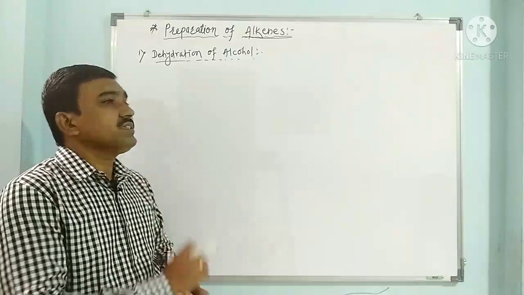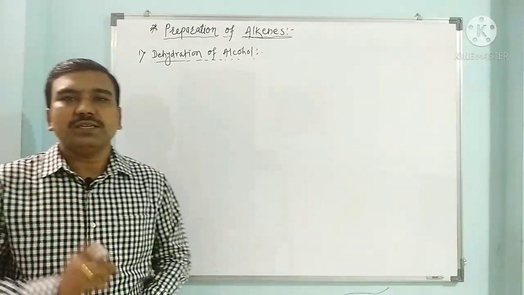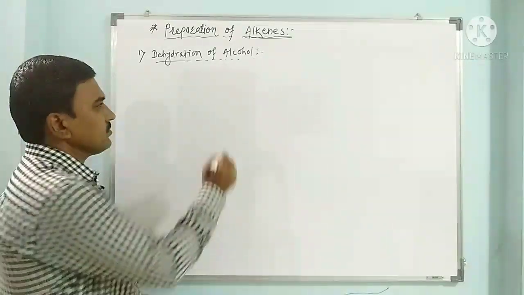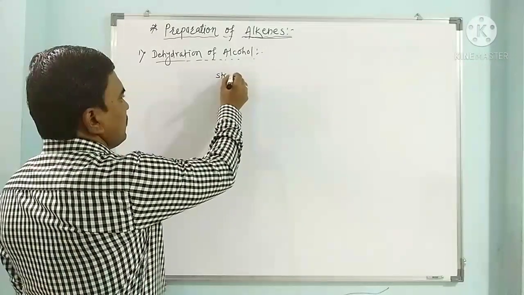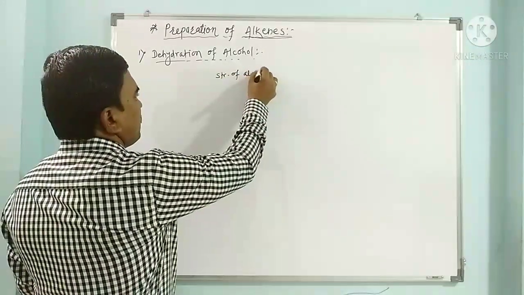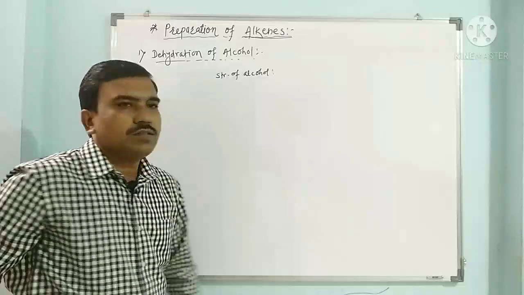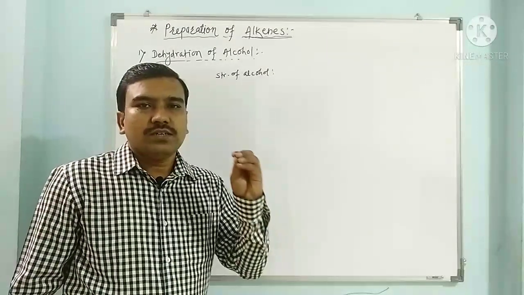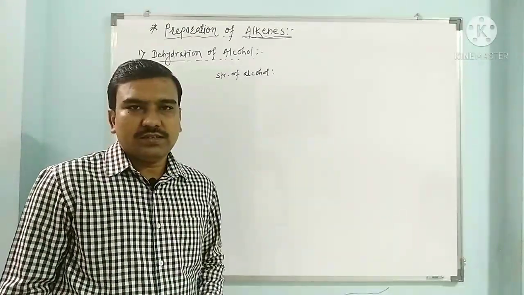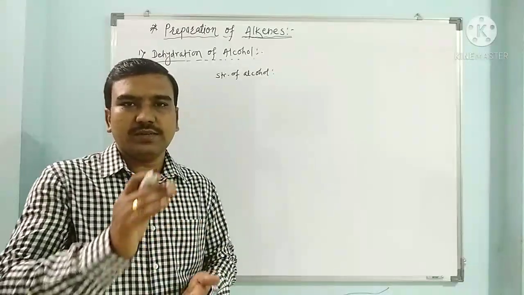The dehydration reaction of alcohol basically depends on the structure of alcohol, that is, which type of alcohol it is: tertiary, secondary or primary. Tertiary alcohols have a greater ease of dehydration. Tertiary alcohol has a higher rate of dehydration than secondary and primary.